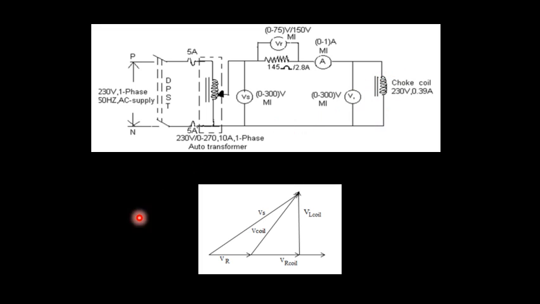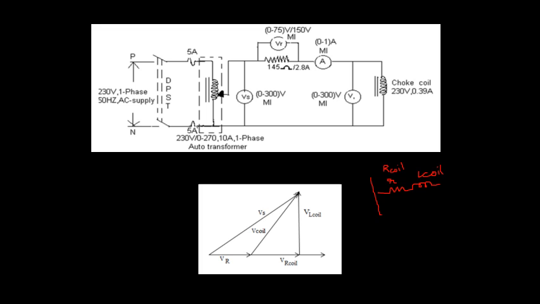As you already know, a choke coil is represented in terms of a resistance as well as an inductor. I will state it as R, the resistance of the coil, and L, the inductance of the coil.